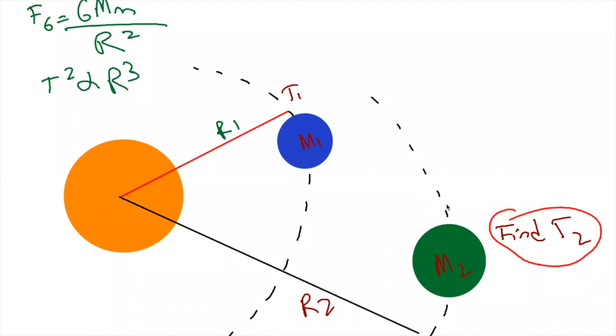Now let's see who can find out T2. You don't exactly have to make T2 common, but just make a formula where you have T2, T1, and these values, so you can somehow find T2. Okay, guys, this is the last minute.